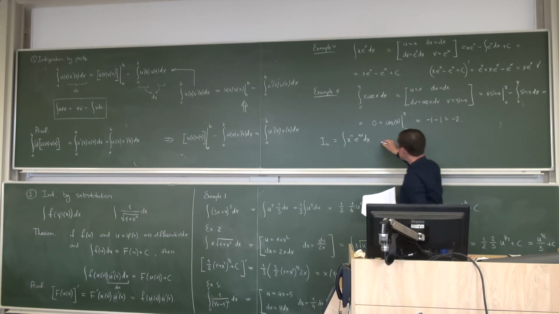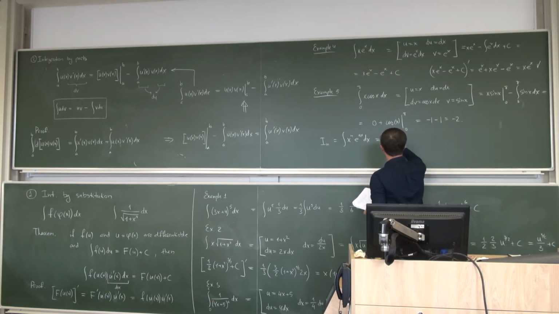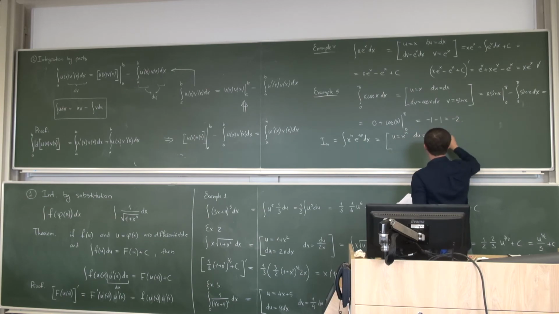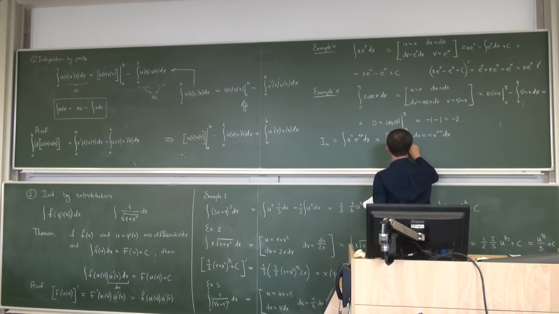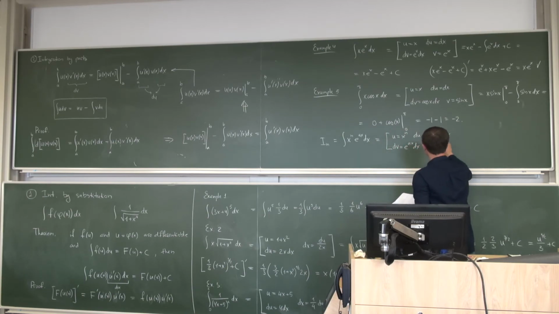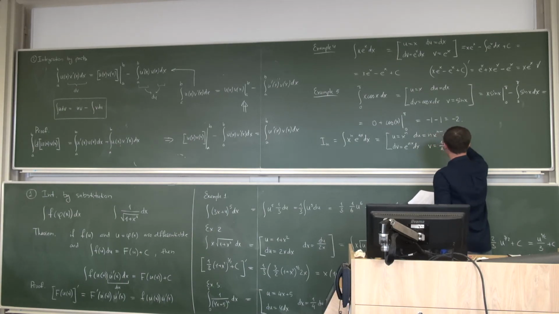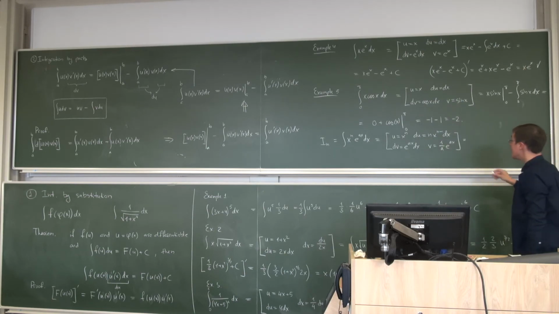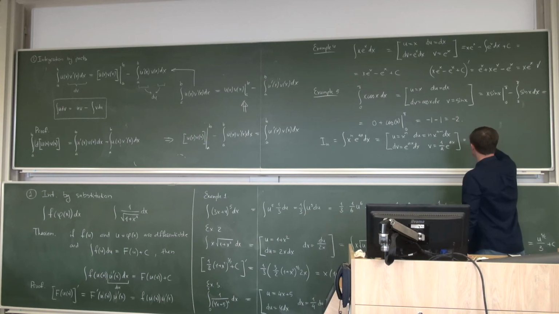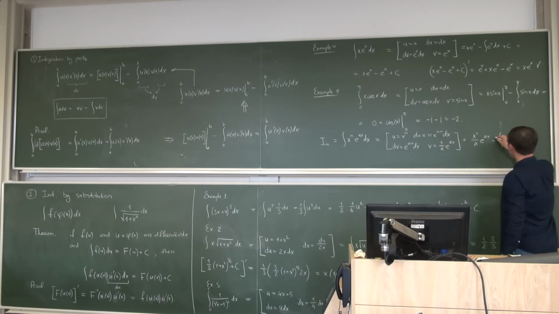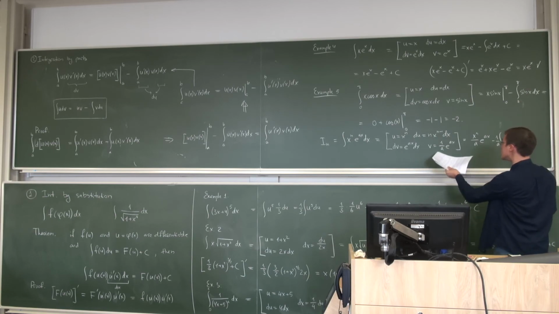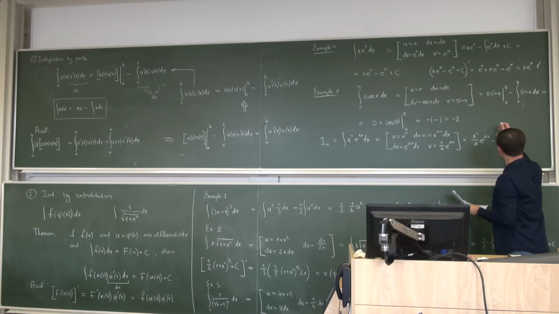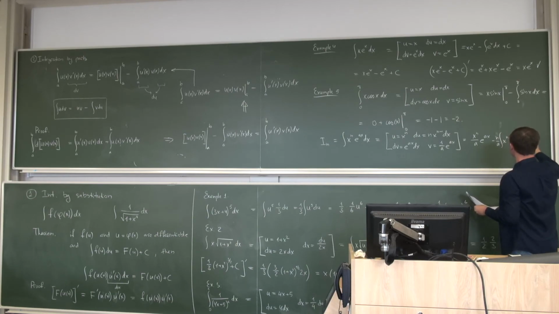If we now integrate this by parts, what we will get is u equals x to the n, du is n x to the n minus 1 dx, then dv is e to the ax dx, v will be 1 over a e to the ax, and if we get that integration by parts formula, so uv, x to the n over a e to the ax, minus integral v du, so 1 over a, and that's v and that's du, so n here, x to the n minus 1 e to the ax dx.